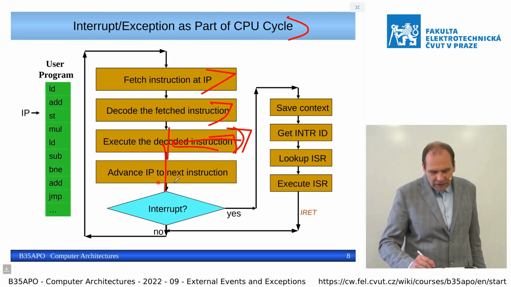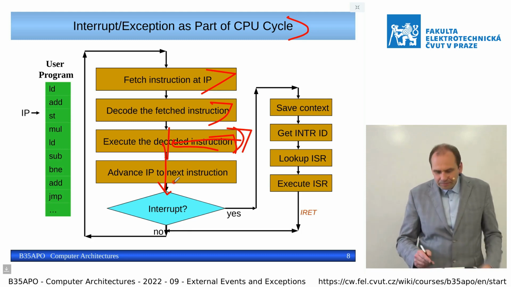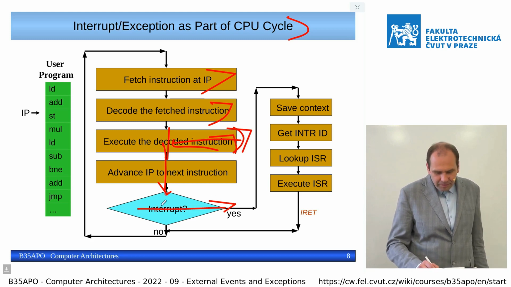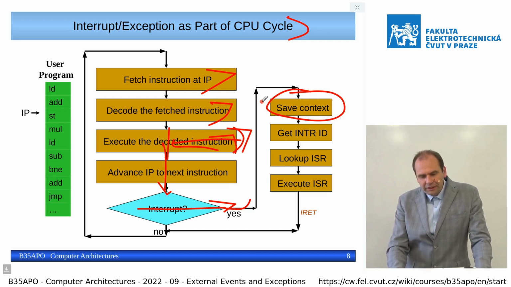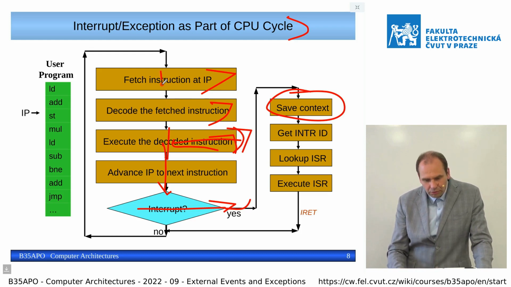Or if the instruction has no problem with the execution, then there can be an external event, if it is enabled, from some external device. And what we need to do in this case, we need to somehow save the context of the processor, which ensures that we can return back to process our original code.